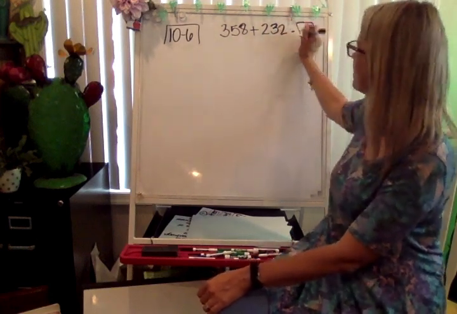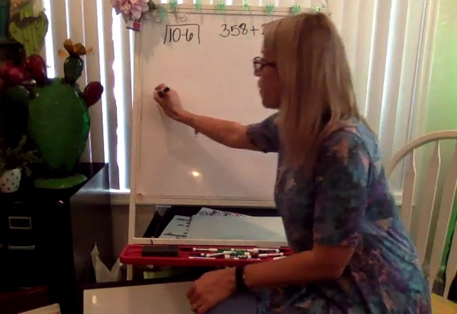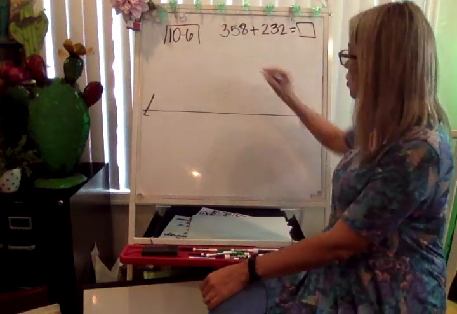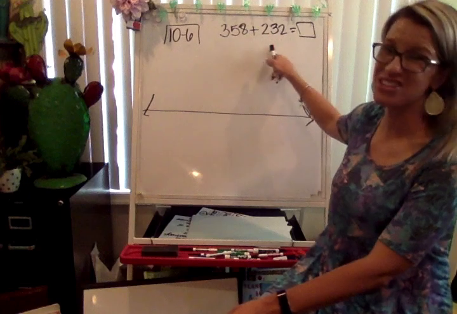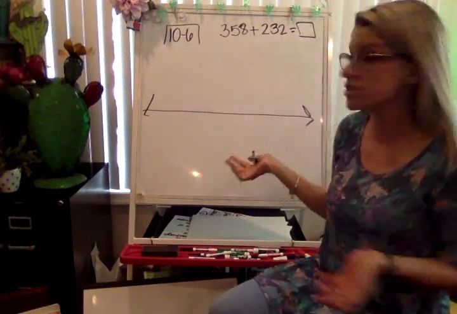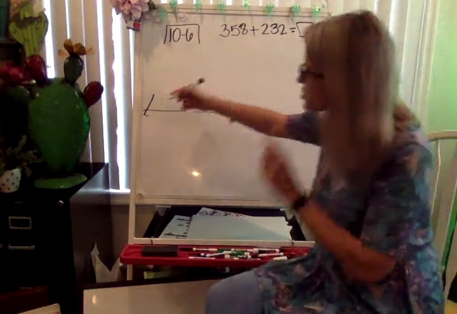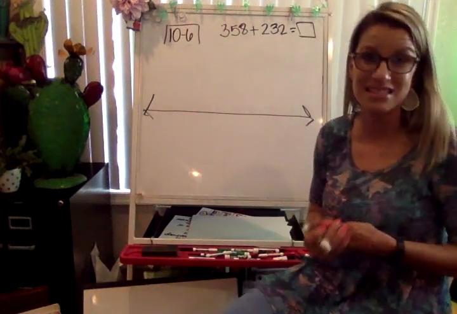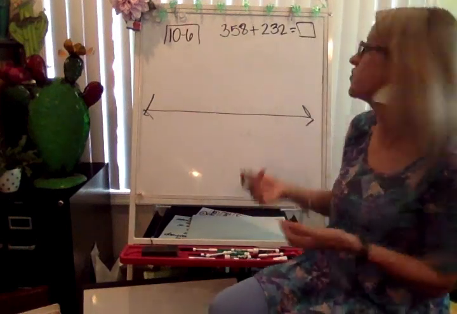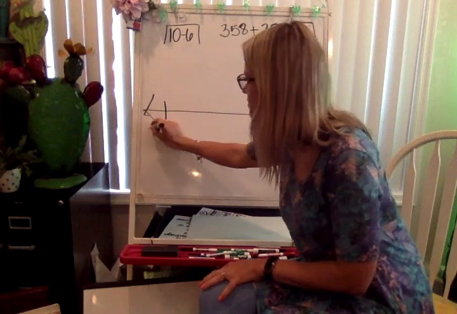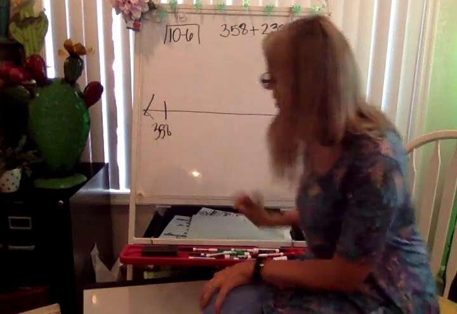How about that? All right, so on my open number line, I am starting with 358. I could start with 232. It's kind of up to you which one you want to start with. I just want to start with the first one. To me, that's easier and it doesn't cause as much confusion. So I'm going to start with the 358. I'm going to mark it over here.